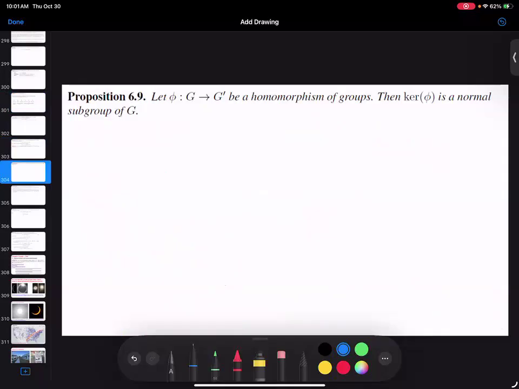Okay, so, standard proposition: if we have a homomorphism of groups, then the kernel is a normal subgroup. So what does it mean? Phi is a homomorphism means what? It means phi of g1 g2 is phi g1 phi g2.